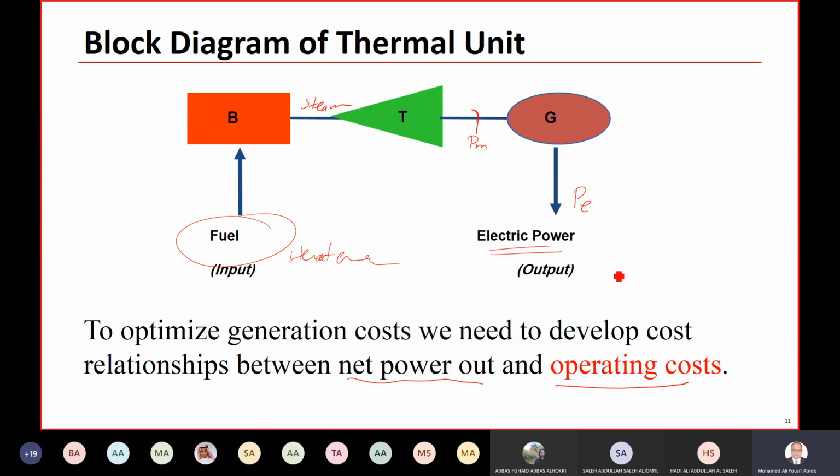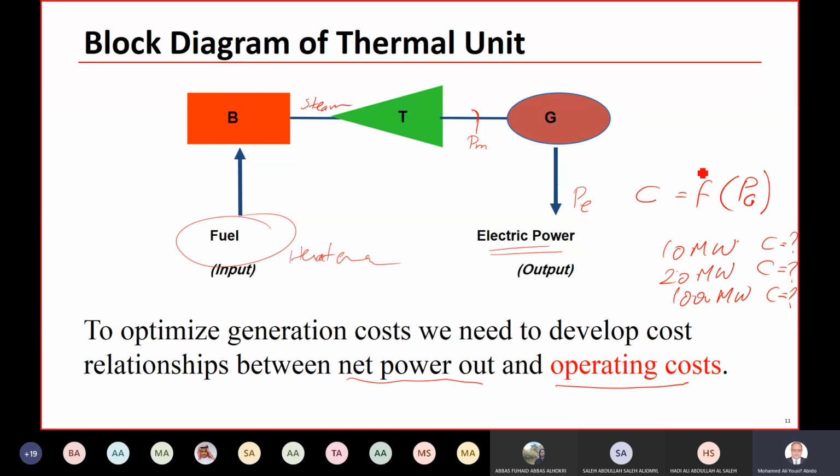We need to find, okay, if we have 10 megawatt output, how much the cost? If we have 20 megawatt output, how much the cost would be? 100 megawatt from the generation plants, how much the cost? Can we have the function here between the cost and the output power? Yes, we can have a cost as a function of power output, or power generated.